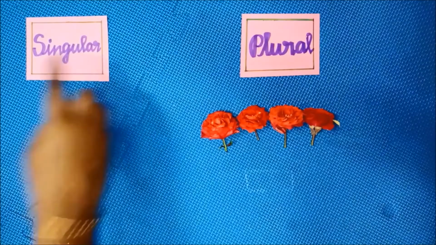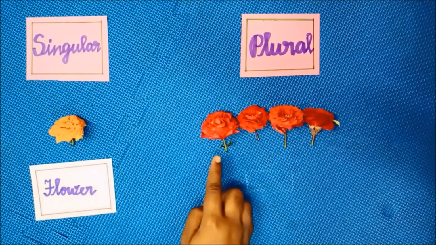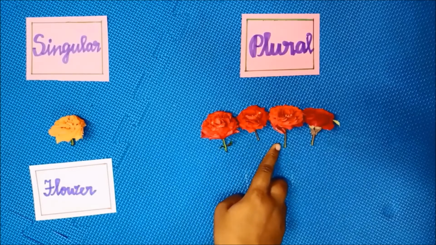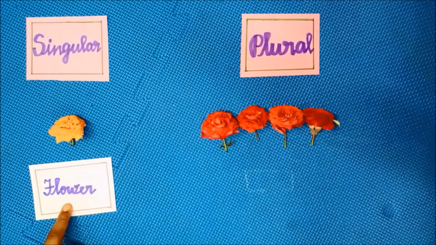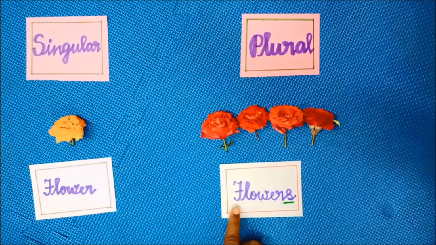So it is singular, flower. Shall we count this? 1 flower, 2 flowers, 3 flowers and 4 flowers. Here I have how many flowers? Yes, very good. I have 4 flowers. So the plural form of flower is flowers. See the spelling?